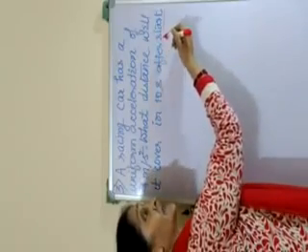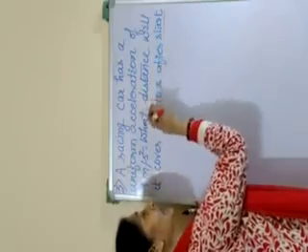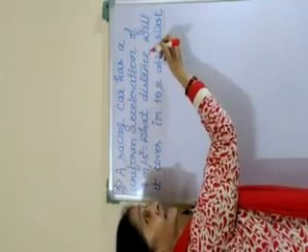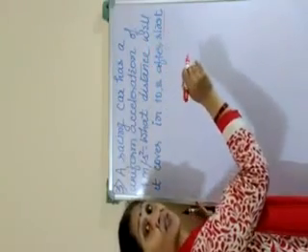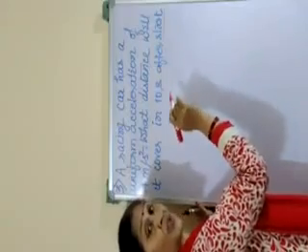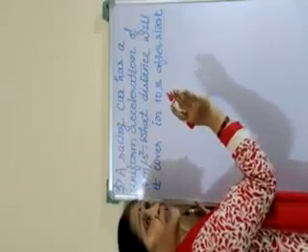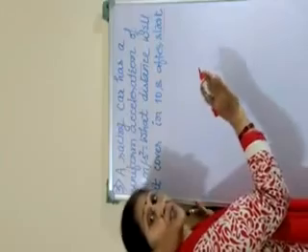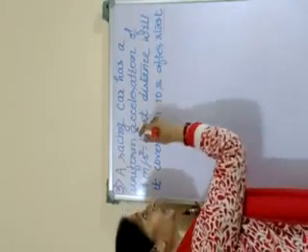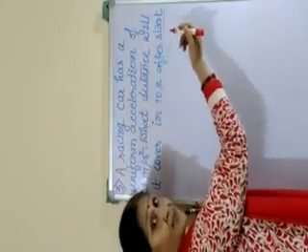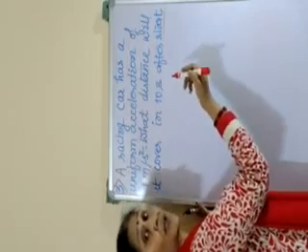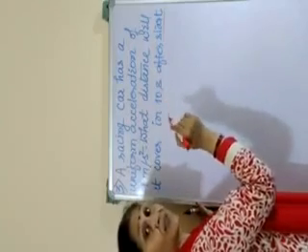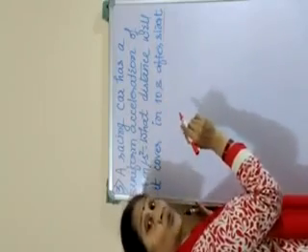Means it has covered a distance with initial velocity 0. If the numerical value of initial velocity is not given, and the body covered a certain distance, that means the body has started with initial velocity 0. So we will take here initial velocity 0.